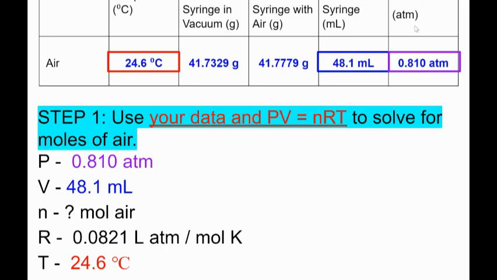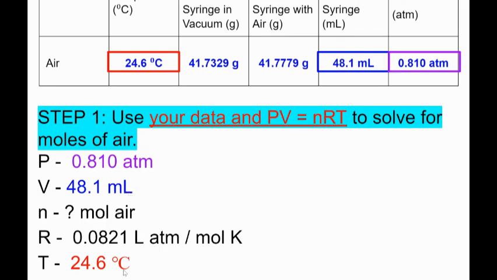Before we can use the ideal gas law, it is very important that our units in our givens match R's values so that units cancel correctly. So we can see that atmospheres matches atmospheres, but milliliters does not match liters. So we definitely need to go back and convert milliliters to liters.